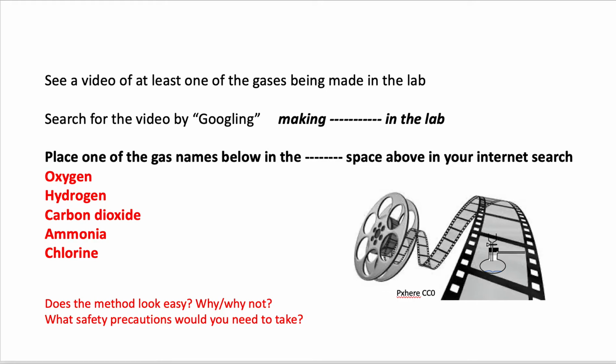Write down why not, and what safety precautions were taken, would you need to take to make the gas that you have chosen safely. And you might like to look at more than one video there. You can pause it or write it down to look at later. Almost better to do it now.